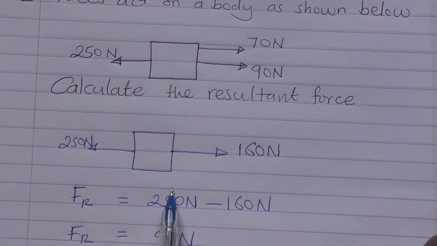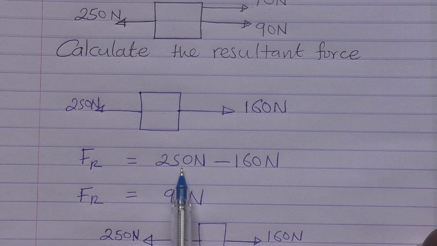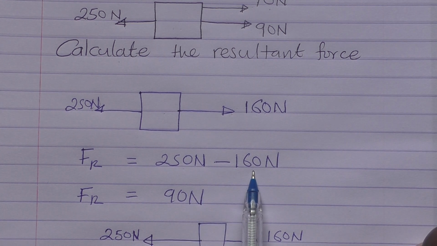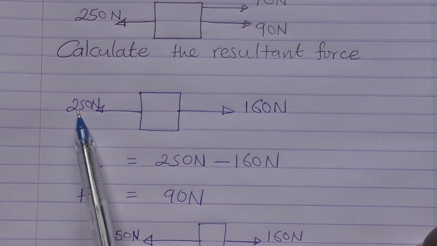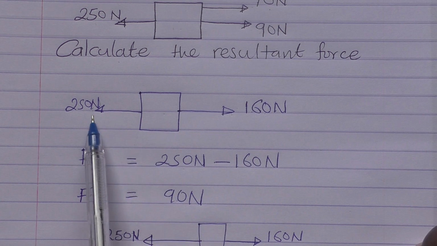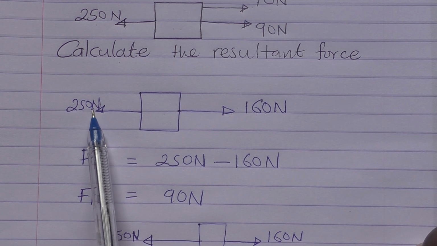the resultant is obtained by subtracting the smaller force from the bigger force. And therefore, the resultant on the body will be given by 250 newtons, take away the 160 newtons, which gives us 90 newtons. But we must also be interested in knowing which force will take the body. It is definitely 250. Then by how much?